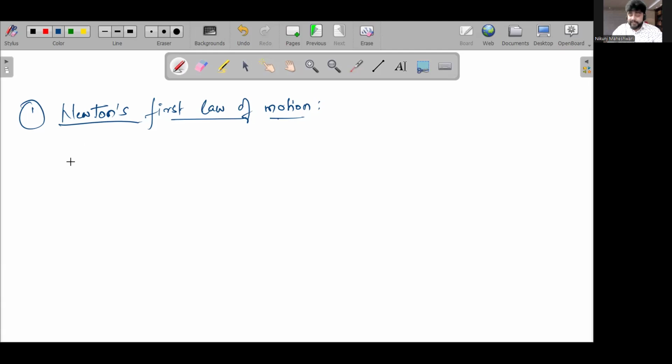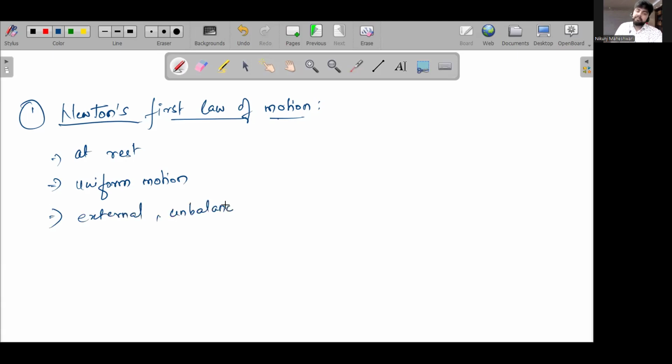That means if there is an object that is at rest, or if there is an object that is in uniform motion, please be noted, it's uniform motion and not any kind of motion. It has to be specifically uniform motion, right? So an object at rest or in uniform motion will continue to be in the same state until there comes an external unbalanced force.